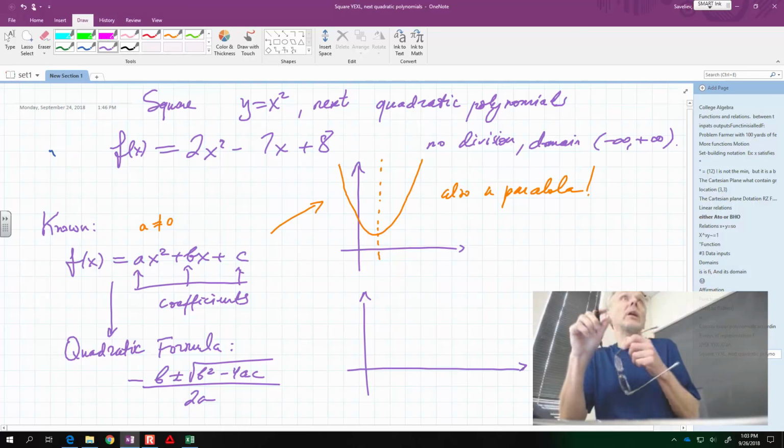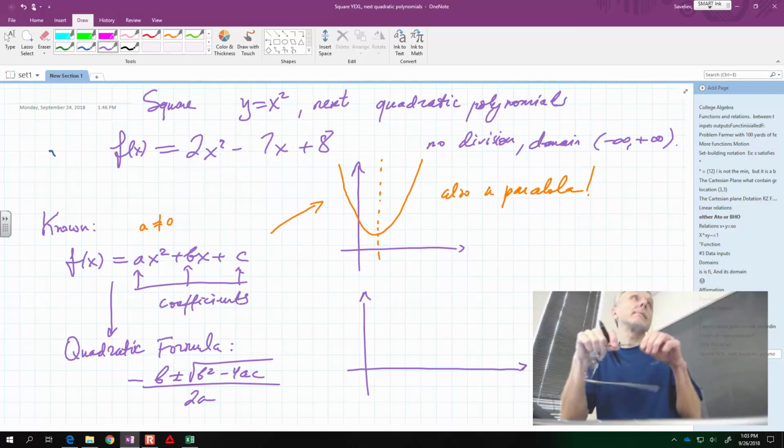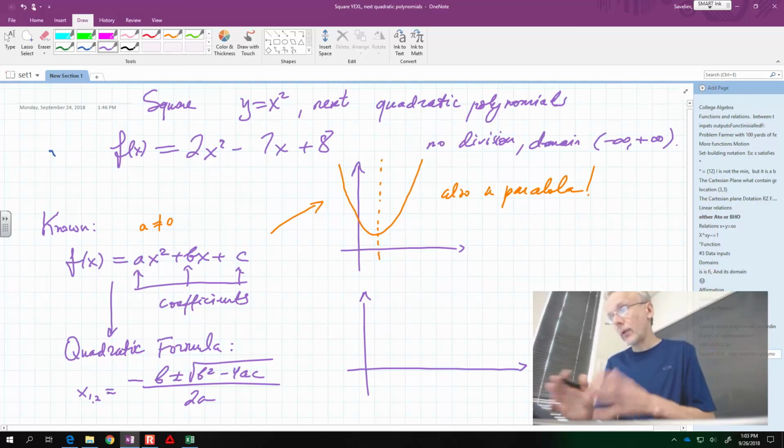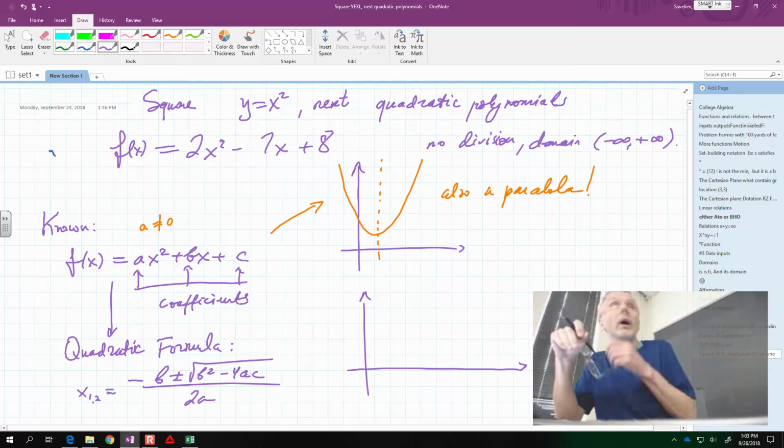So what's the meaning of the quadratic formula? It is x, yes. In fact, sometimes this is how you write it: x1,2 is equal to this. Why is it 1,2? Anybody?